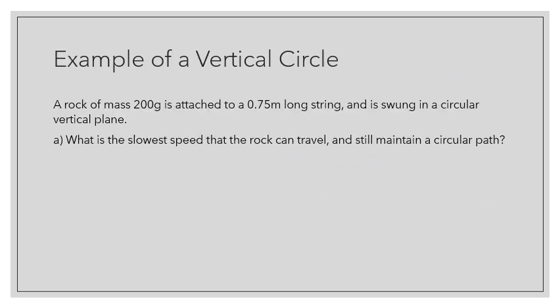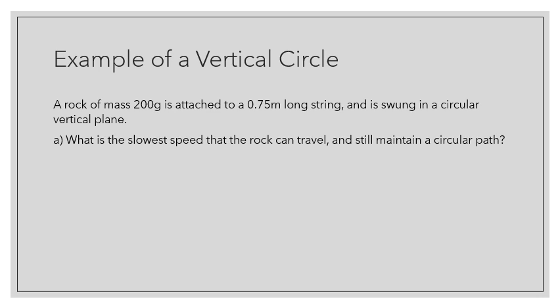This is an example of a question that uses a vertical circle. A lock of mass 200 grams is attached to a 0.75 meter long string and is swung in a circular vertical plane. What is the slowest speed that the lock can travel and still maintain a circular path? We know this is a vertical plane, so we can use the equations that we learned last slide.